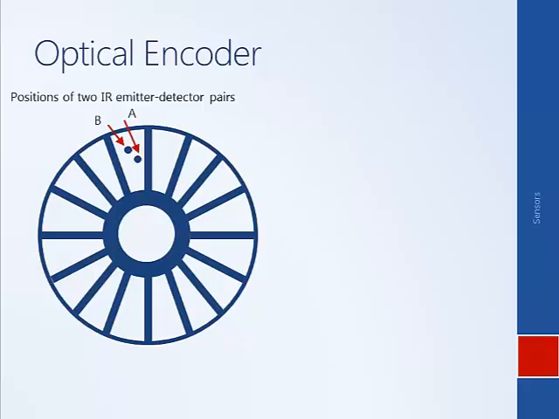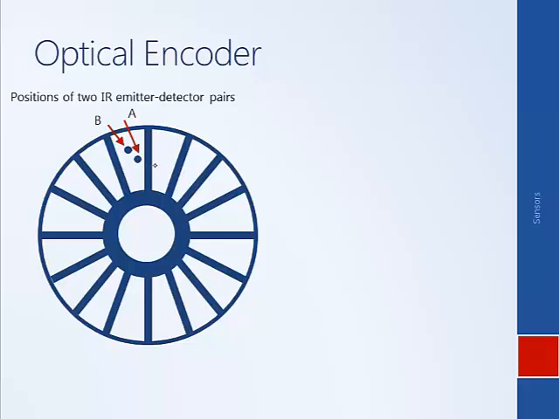So in this slide we have a rotary encoder. So we have this disk of material with gaps and blocks. We can also have linear encoders, but in this case we've got a rotary encoder.